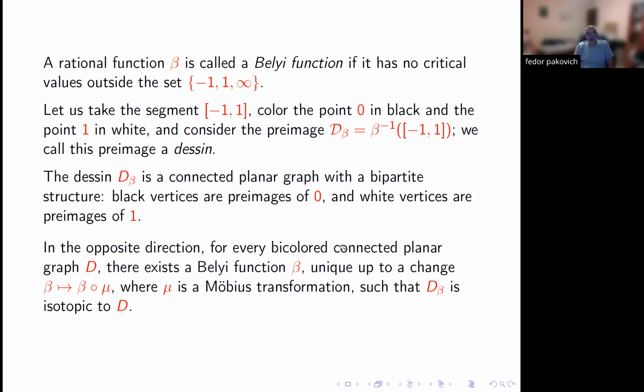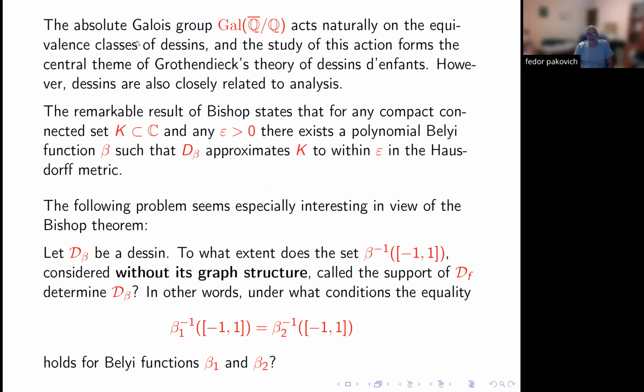And in the opposite direction, for every bicolored connected planar graph, we can obtain a Belyi function, which is unique up to this change, such that this dessin is isotopic to our graph. It is nothing but the Riemann existence theorem. What is really interesting is that the absolute Galois group acts naturally on the equivalence classes of dessins, and the study of this action is what is called Grothendieck's theory of dessins d'enfants.